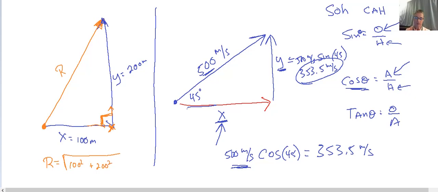When we plug that into the calculator, take the square root of that, and it's 223.6. So r will be 223.6 meters. And that's how we can get the resultant if we know the components already.